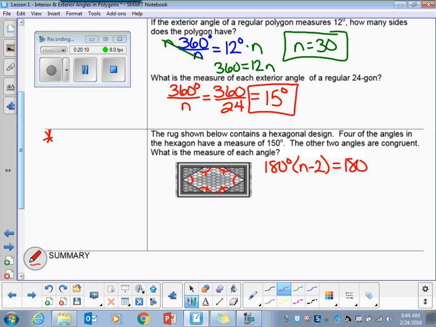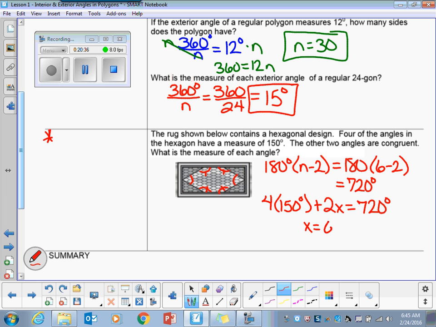So 180 times 6 minus 2, and the sum of the measures here has to be 720 degrees. All right, so 4 times our 150 degree angles plus our two congruent angles has to equal 720 degrees. So each of our congruent angles is 60 degrees.